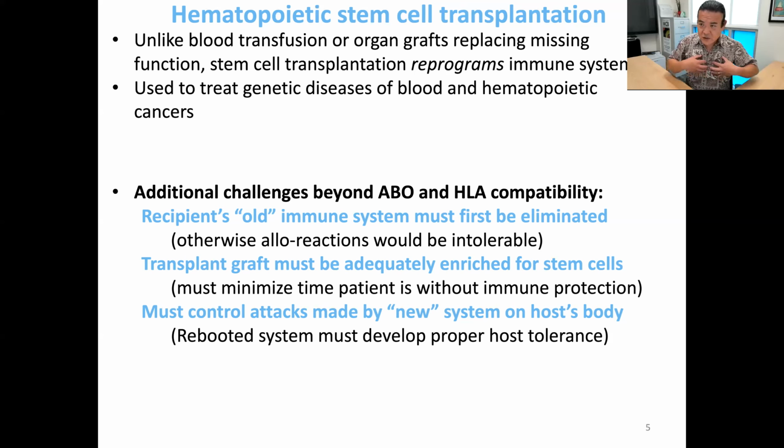That means this new immune system is going to be geared up to follow different types of genetic variations or alleles that are present in the donor's genome, even though now you're expecting that new immune system to function in the recipient's body, therefore in the context of the recipient's genetic background. So therefore, the rebooted system must develop proper host tolerance.